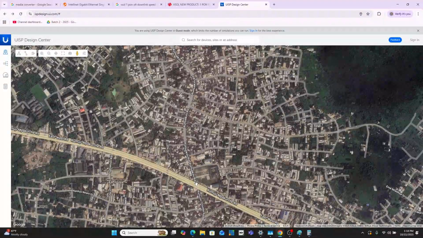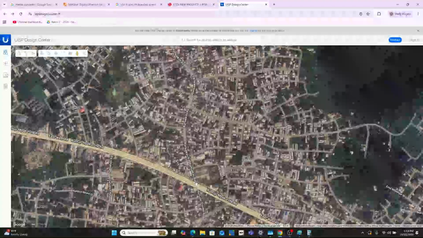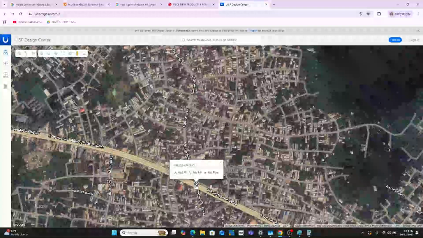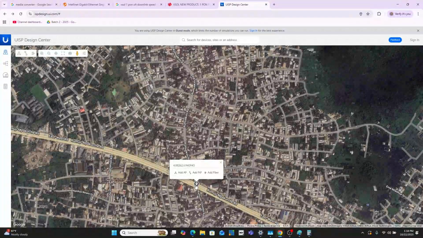See Rumosi here now. See Rumekini. This is Rumosi. So over here at Rumosi Junction, over here at the junction directly, this is where our base station is.